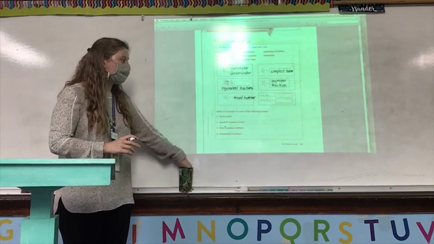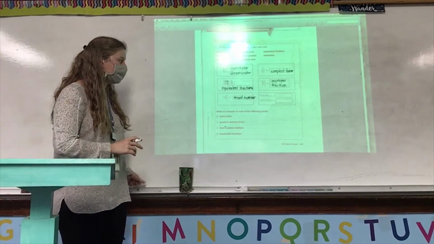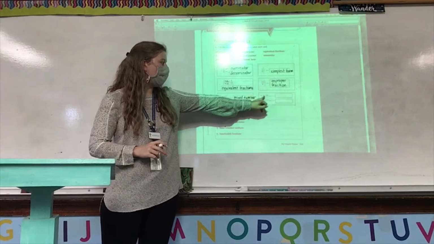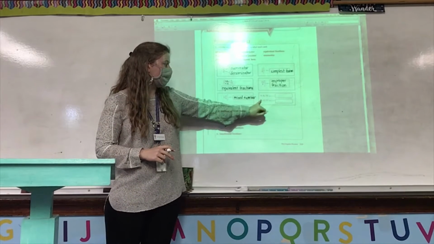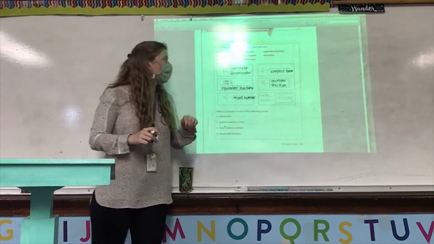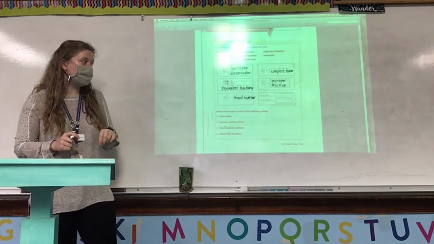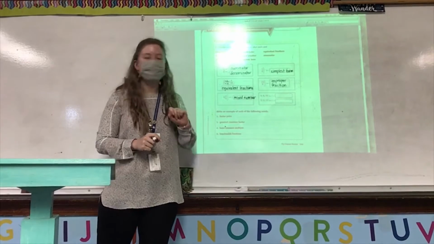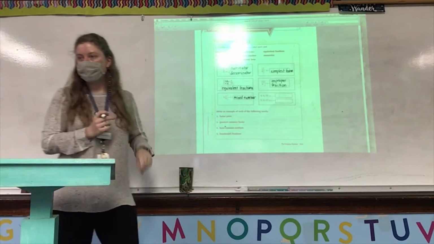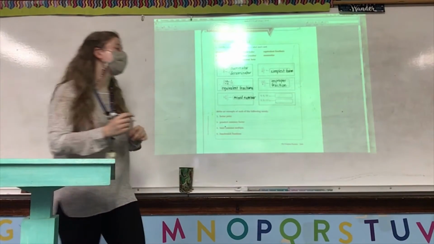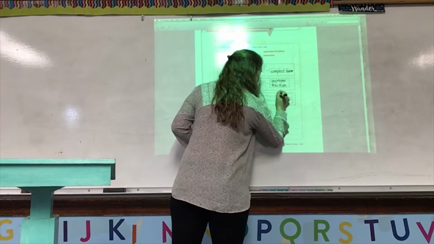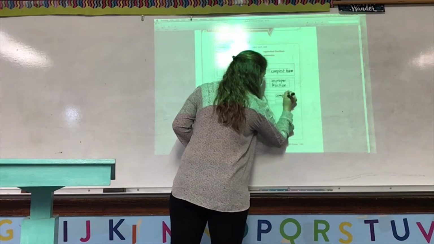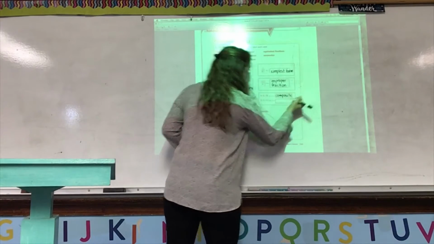Okay, last box on the right. We have 4, 8, and 10, 3, 5, and 11, with bubbles pointing to each. 4, 8, and 10. What goes in the bubble pointing to those? Cullen. Composite. Those are all numbers with 3 or more factors.